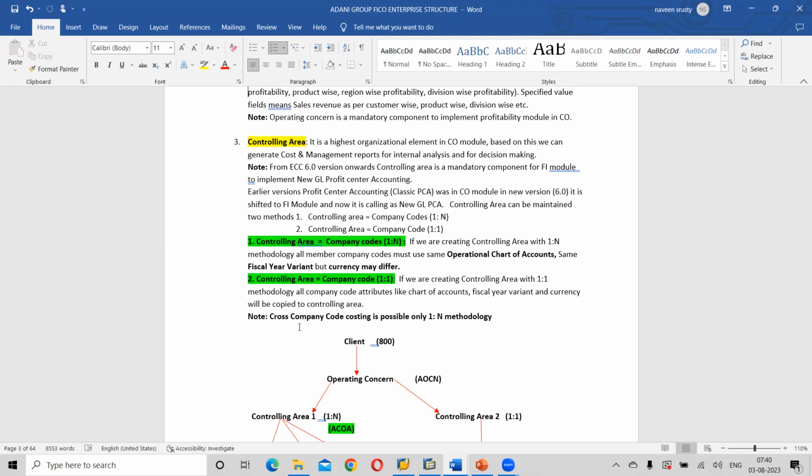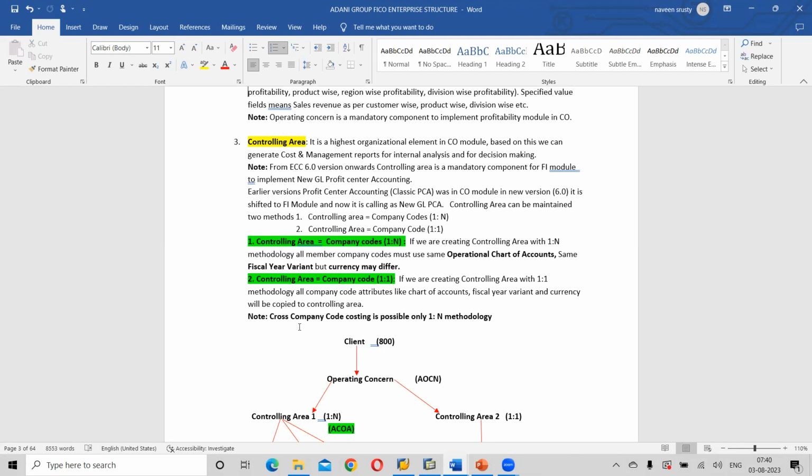Here there is a Hyderabad company and a Mumbai company. There is some shortage of funds in the Mumbai company, and they need to pay some rent. Due to some reason there is a shortage of funds in the Mumbai company. Then the Hyderabad company code, which has excess funds, can pay the rent on behalf of the Mumbai company code.